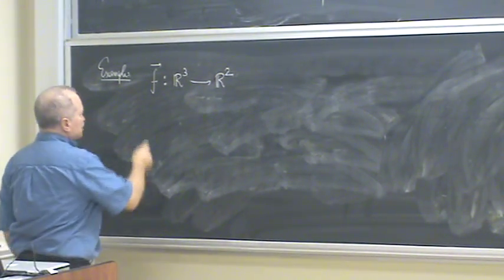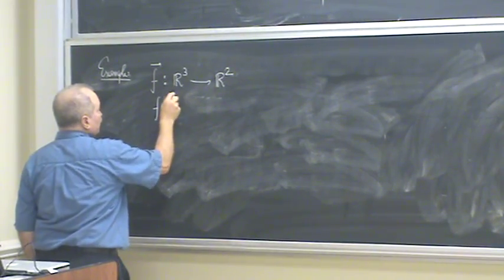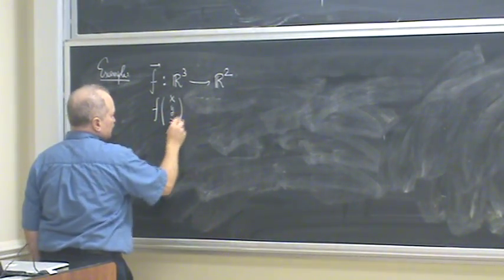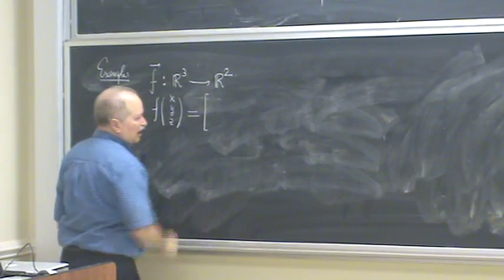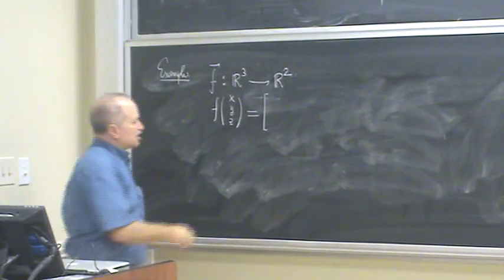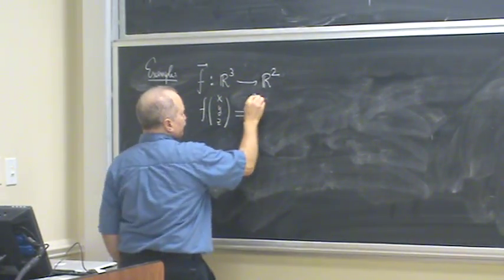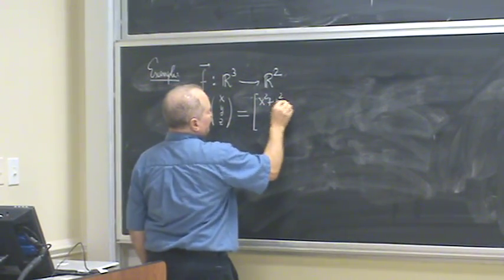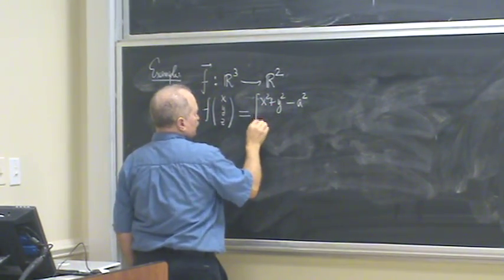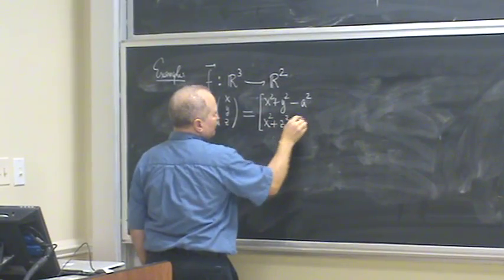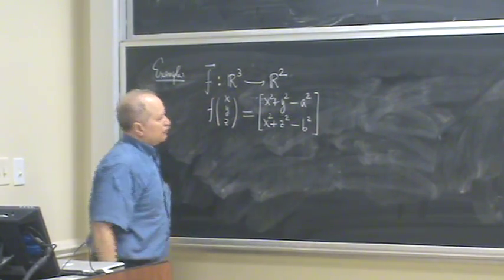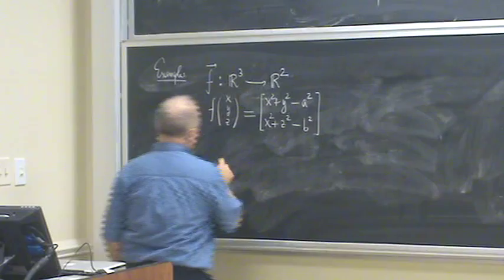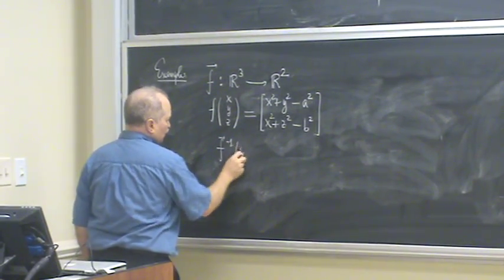And what I have in mind, so I'm going to write down a function of 3 variables. And you're going to tell me what the 0 level set looks like. Suppose I'm considering F inverse of 0.